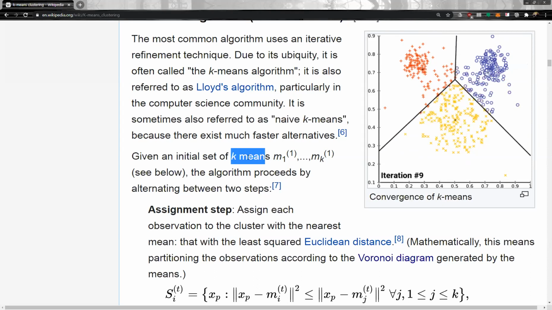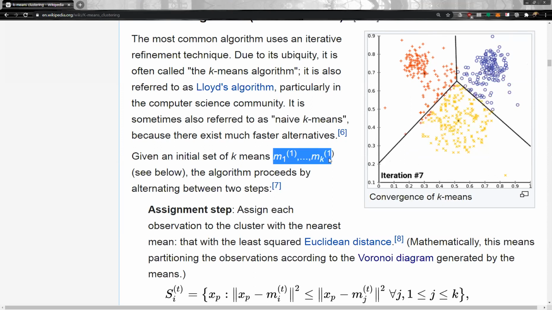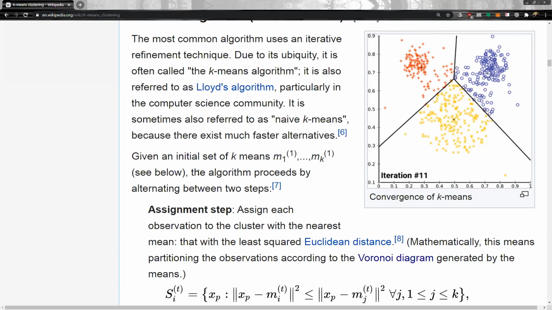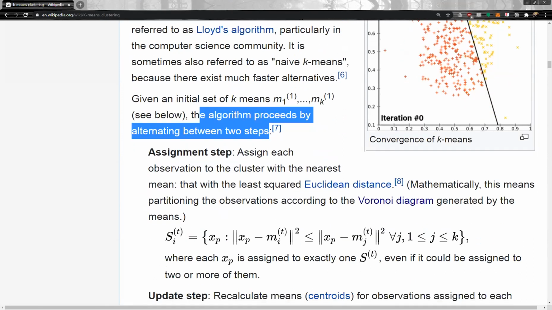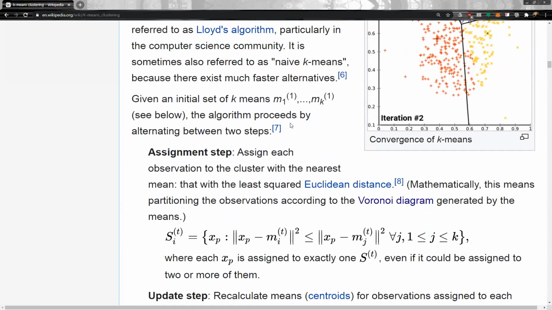Basically we are picking arbitrary K numbers, usually picked out of the data. Select K arbitrary data points and call them the first seeds of the K means. Then the algorithm proceeds by alternating between the next two steps. So now we have an arbitrary first K number of means.